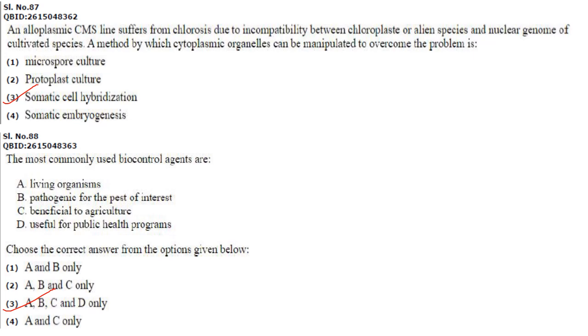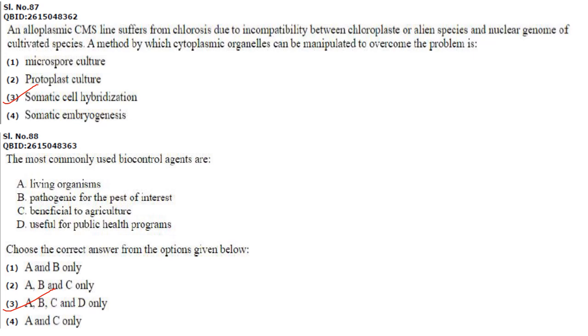A method by which cytoplasmic organelles can be manipulated to overcome the problem is... So an alloplasmic cytoplasmic male sterile line suffers from chlorosis because of incompatibility between the chloroplast of alien species and nuclear genome of cultivated species. So this problem can be overcome by somatic cell hybridization. Answer is option 3. Next one.